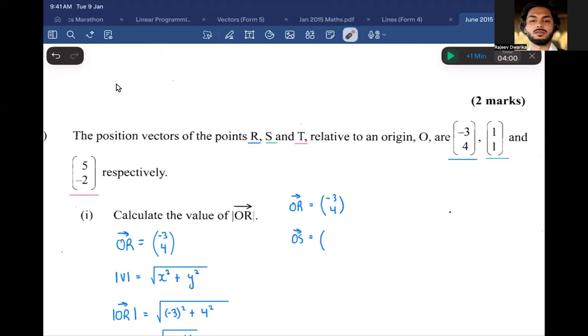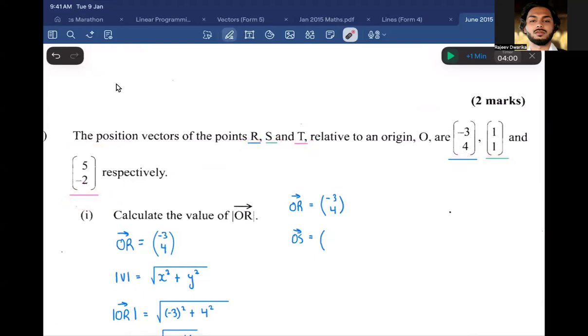So I would advise you to read back this and you'll get your answer. So they're saying that the position vectors, 5 negative 2, no, that is O to T. So anytime you see a question like this and they use the word respectively, the order will follow. R will be the first one they mention, S will be the second one they mention, and T will be the last one they mention.